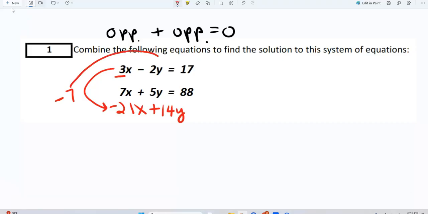Then negative 7 times 17, probably use your calculator, that's 70 plus 49, and it's negative, so it's negative 119. Again, I multiplied this whole equation by negative 7.